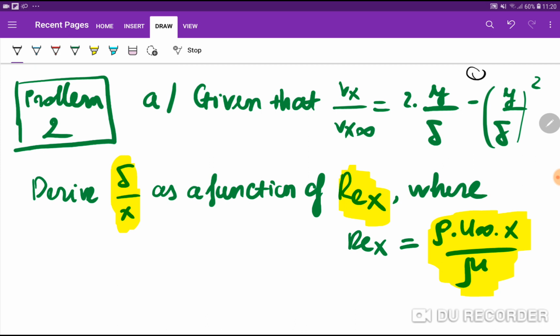This is one of the curve fitting techniques which is very widely used, and today we'll use the equation to derive delta as a function of x and Reynolds number Rex.